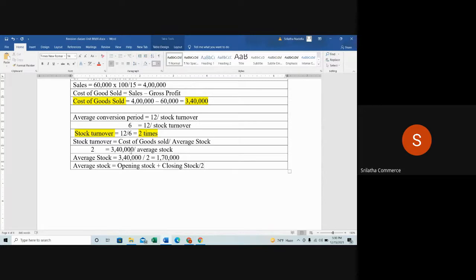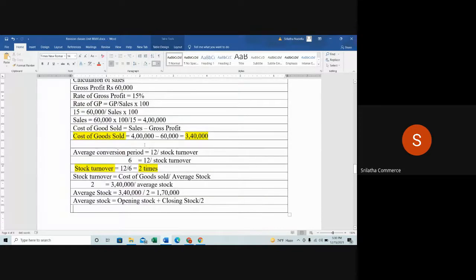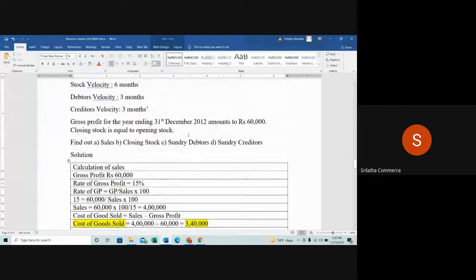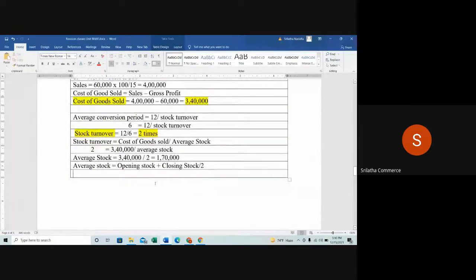Now, what did he mention in the problem? Check the problem. Closing stock is equal to opening stock. So average stock is how much? 1,70,000. He is saying opening stock and closing stock are the same.